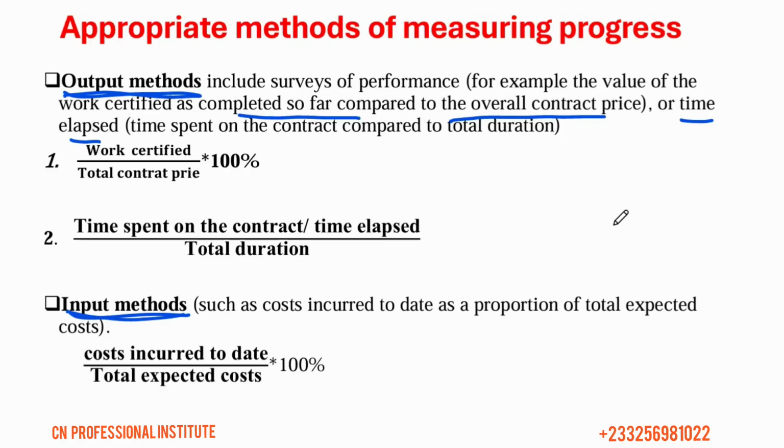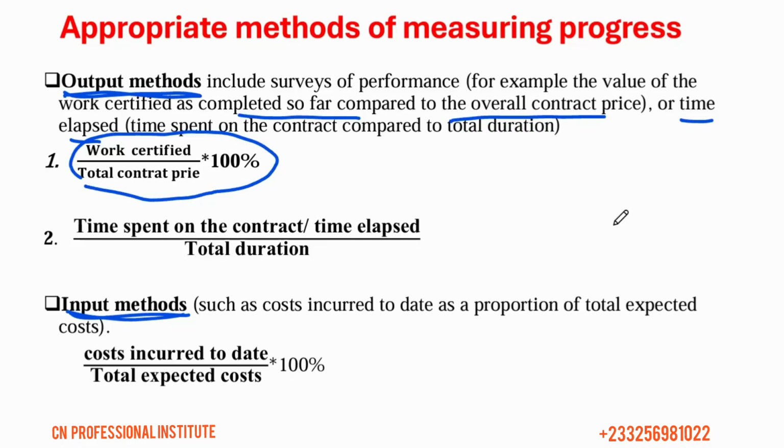So if you use the output method, we have two ways. We can pick work certified over the total contract price by 100.